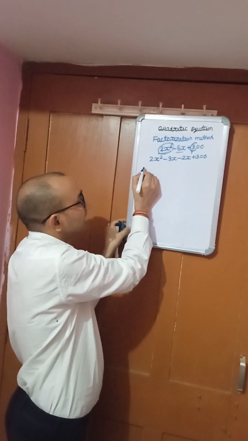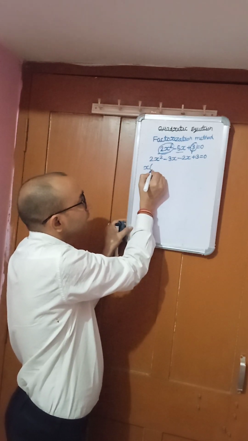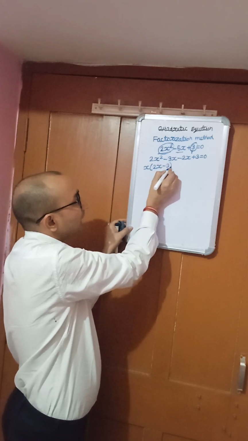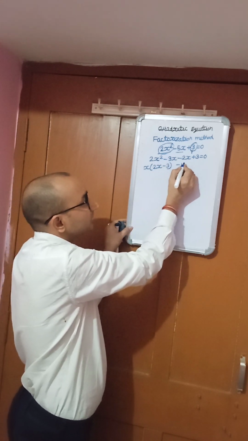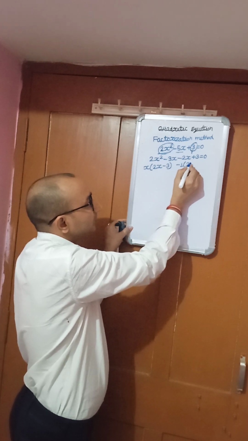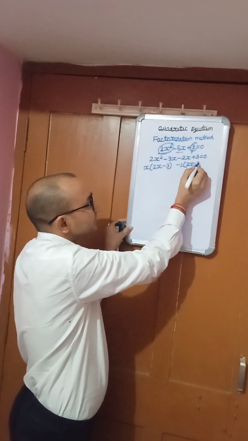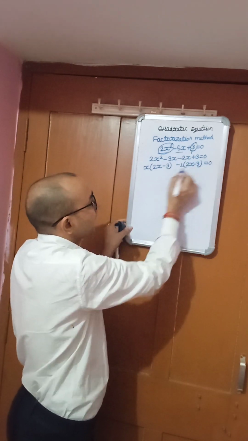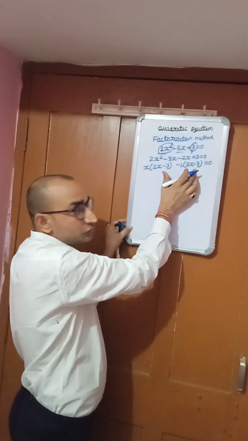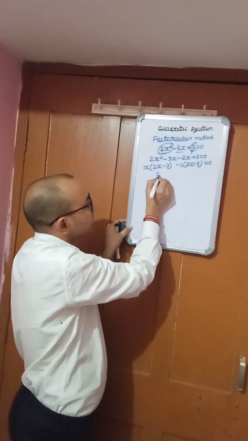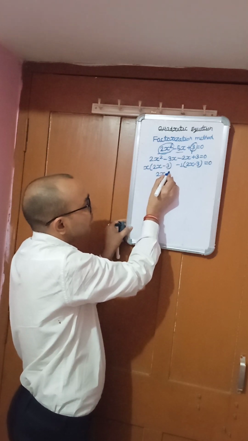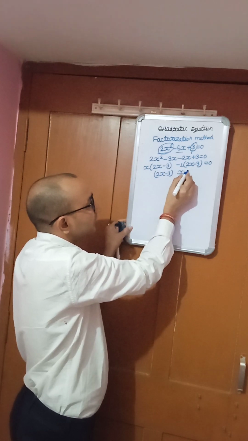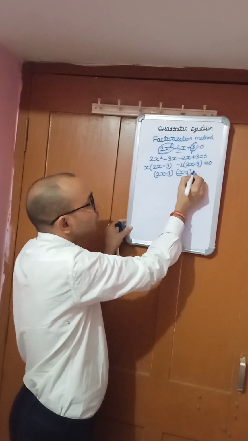Take the common: x is common here, so x into 2x minus 3, and here minus 1 is common, so we can write minus 1 into 2x minus 3, equals to 0. So 2x minus 3 is common; take the common part in one bracket and the part which is not common in another bracket, equals to 0.